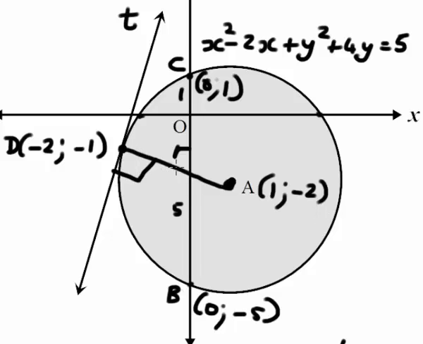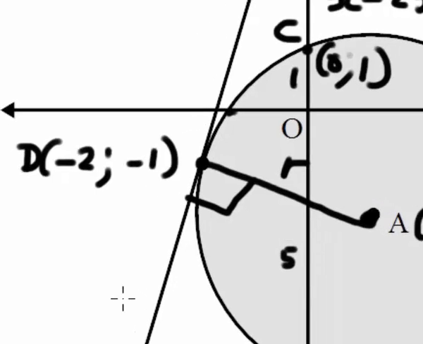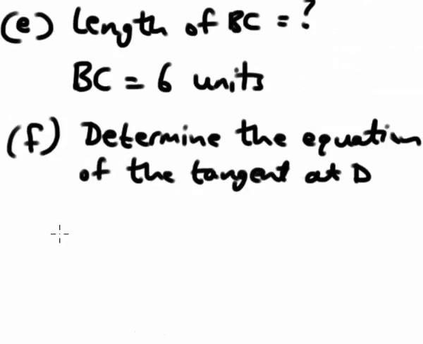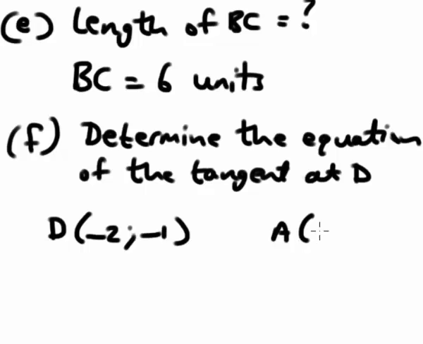We get the gradient of the radius first, and then we can get the gradient of the tangent, and we've got a point on the tangent. So, let's write down the coordinates of D, and that's going to be negative 2 and negative 1, and then we've got the center, which we've already worked out, was 1, negative 2.